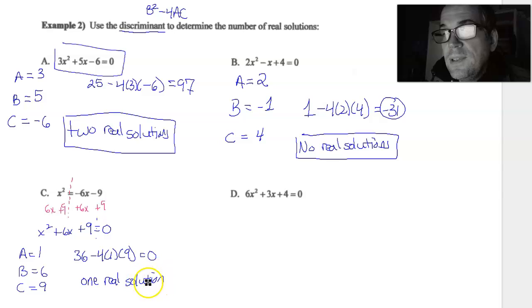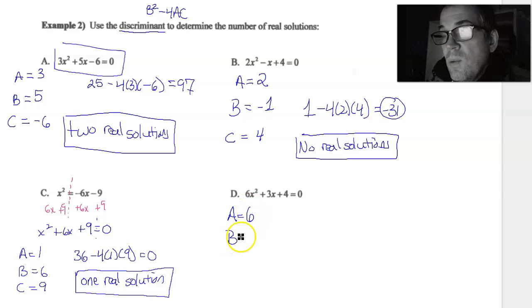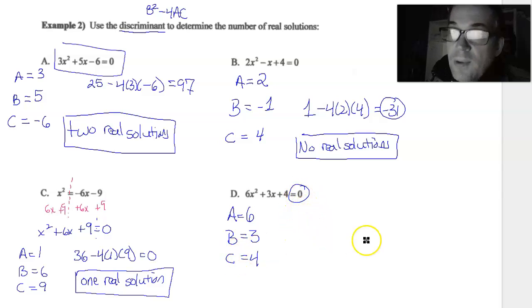So, example D. Pause the video. Try it by yourself. See if you can do it. Okay, thanks. So a equaled whatever was in front of x squared. b was whatever was in front of x. c was what's off by itself. Of course, one side was 0. That was the first thing I checked.